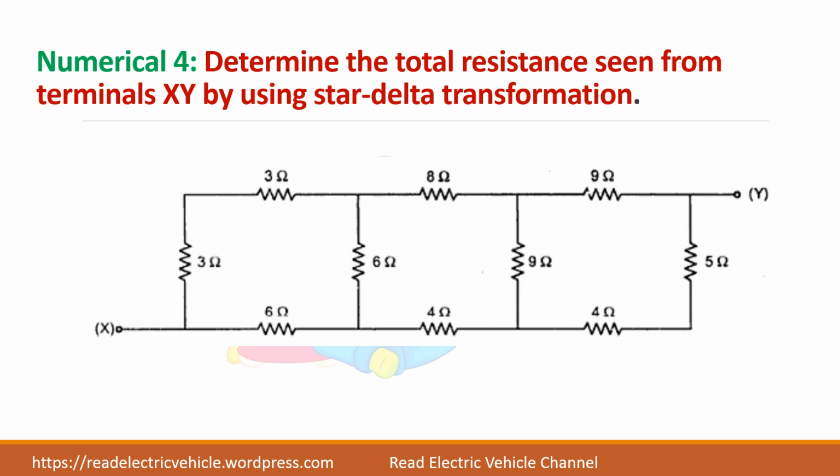So this is the next problem. Here also we have to find the total resistance across the terminals X and Y using star delta transformation. You see the problem, you can clearly see that some values are the same. Whenever values are the same, it is easy to solve the network.